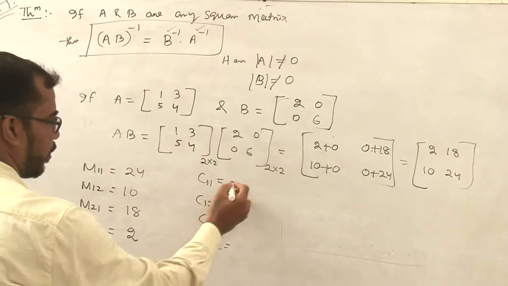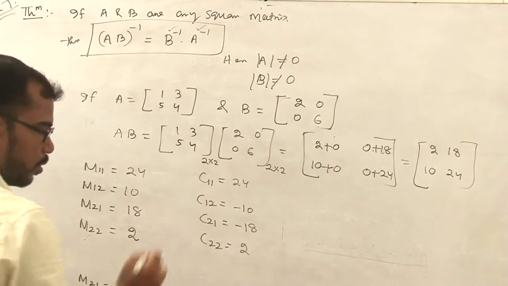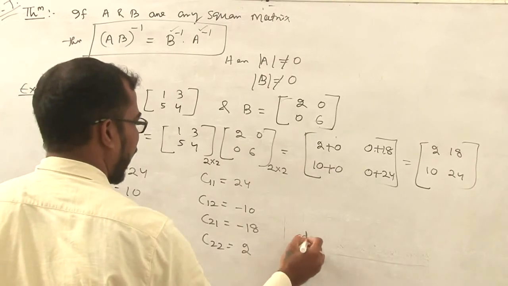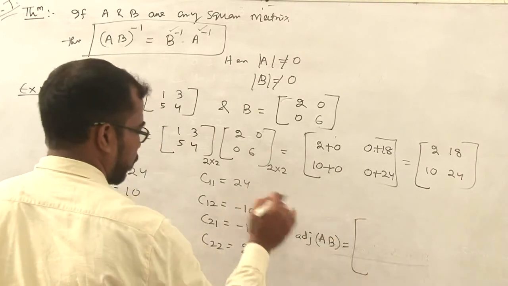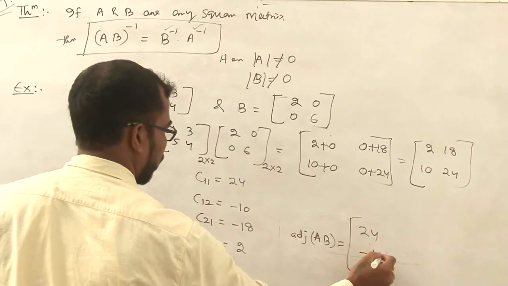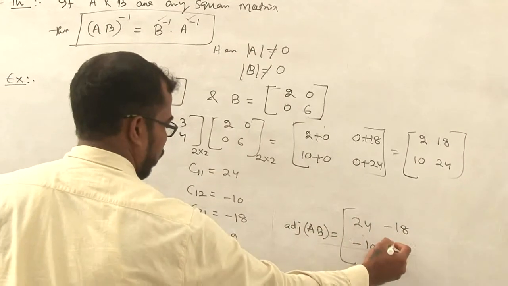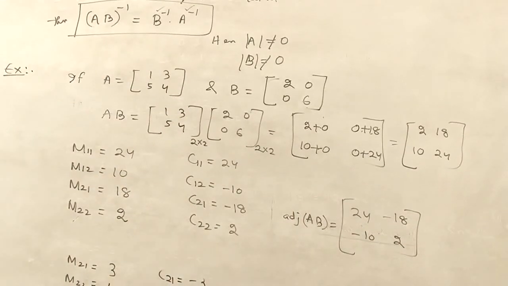So the cofactors are 24, minus 10, minus 18, 2. Then you can write adjoint of AB. So adjoint of AB is first two elements in first column and the next two elements in second column: minus 18, 2. So that is the adjoint of AB.